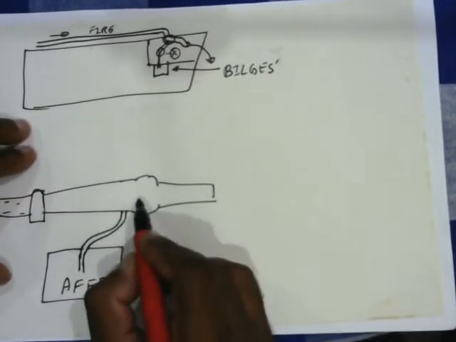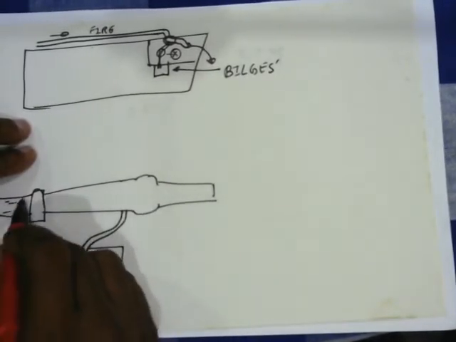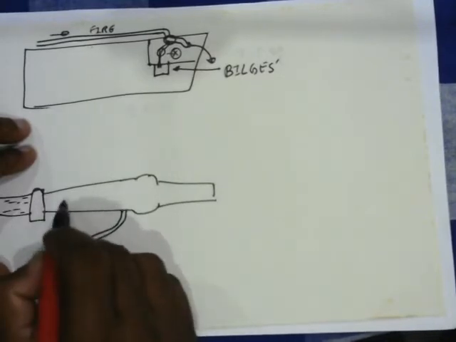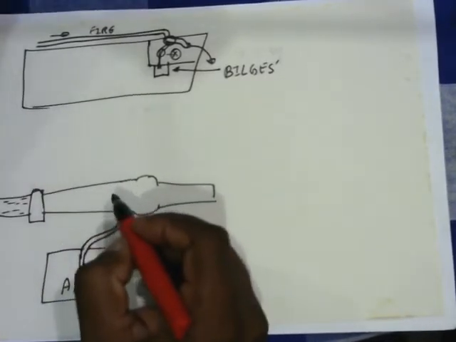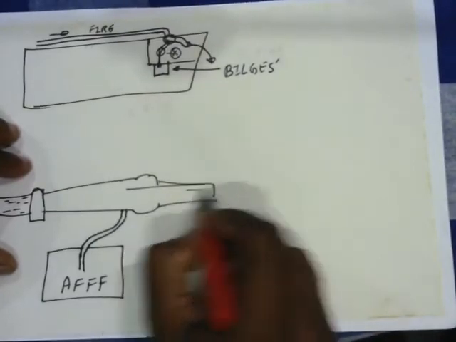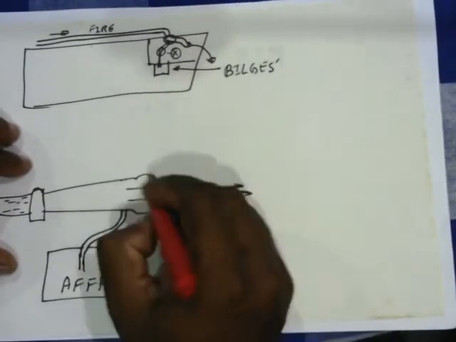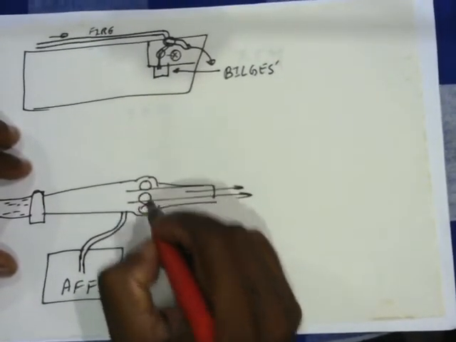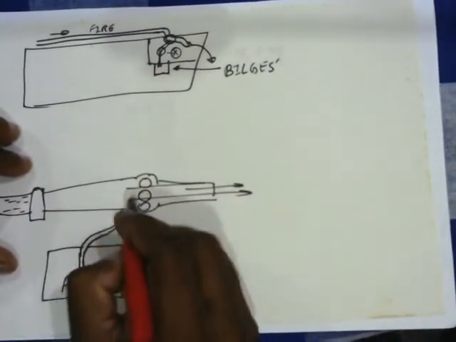So this is also an eductor system, where the water through the fire line is pushed out, and there are holes here, right?